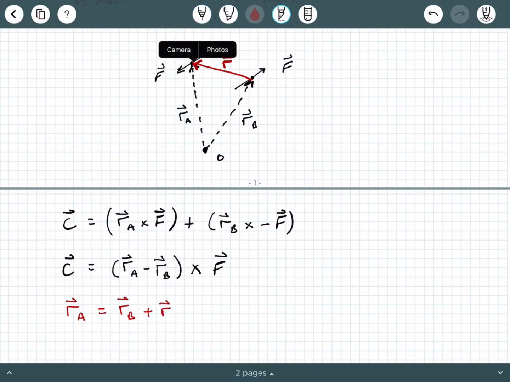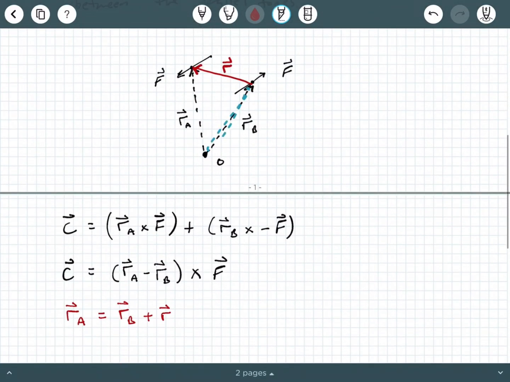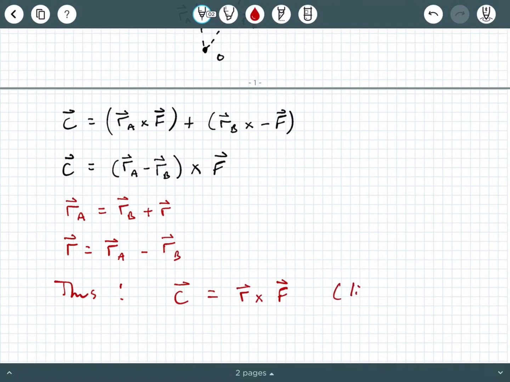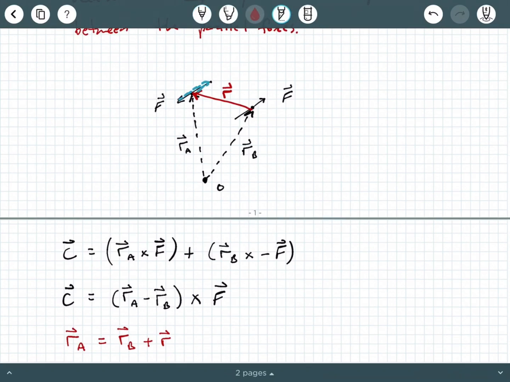So doing a little rearranging here, we can say that R equals RA minus RB, and thus couple moment C equals R cross F. So this is just like a little proof that the couple moment generated by two parallel forces is really only dependent on the position vector between the forces and not these other position vectors.